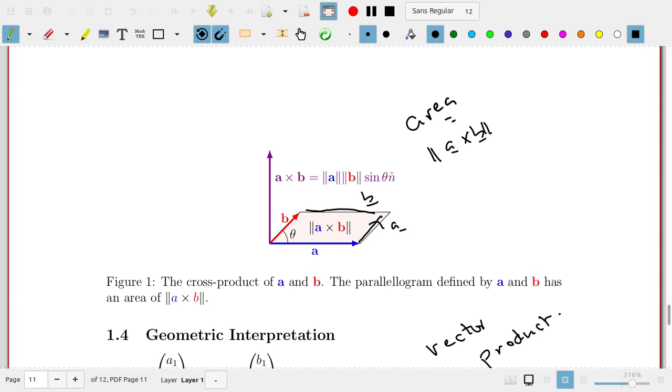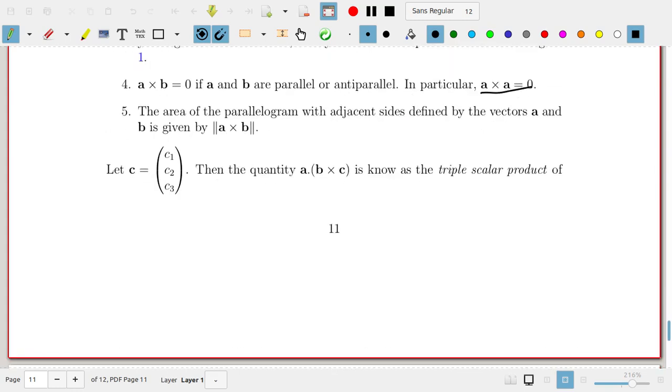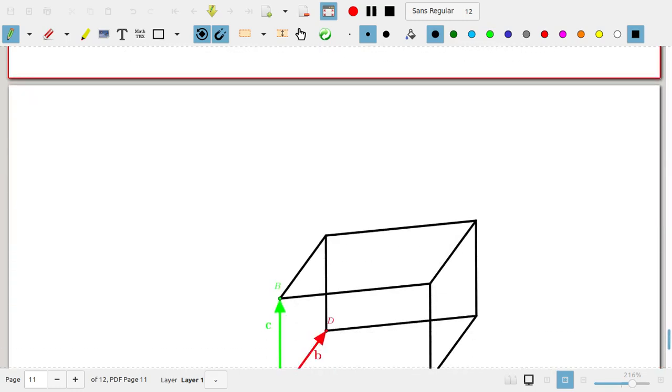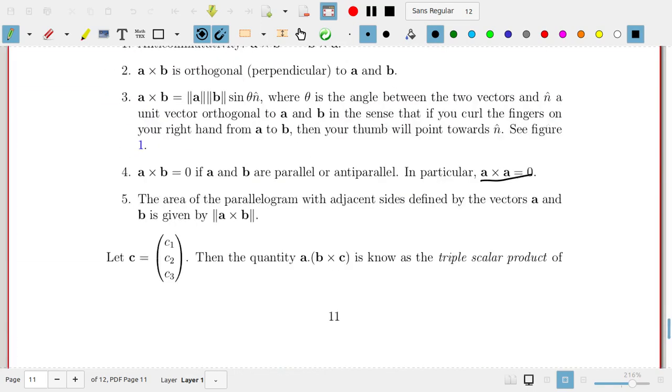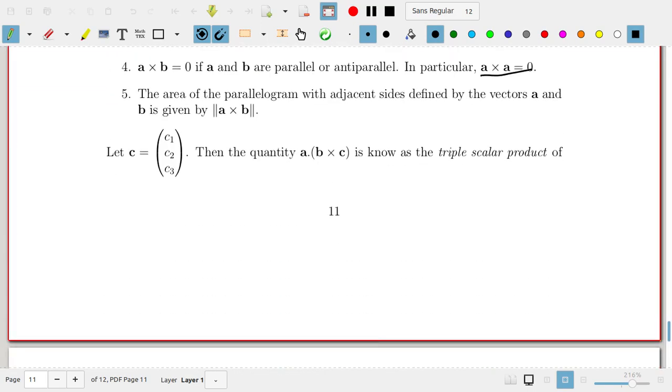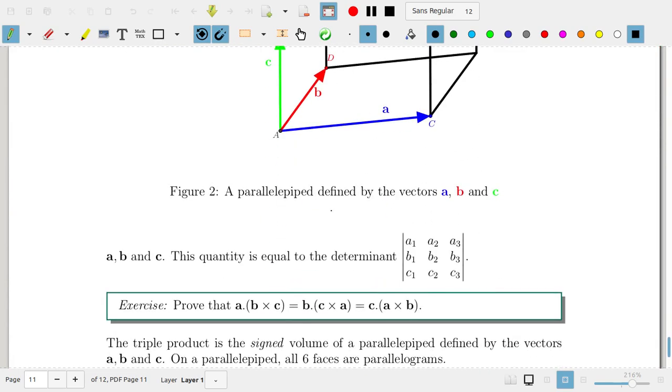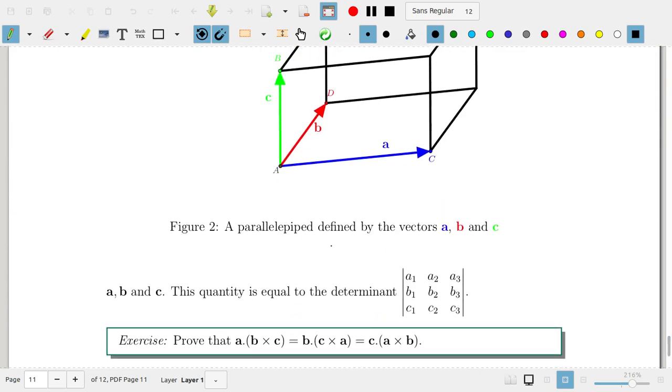Right, so that's that. And of course, let's introduce a third vector C. Right, so A dot V cross C is known as the triple scalar product of A, V, and C. And you can show that this triple scalar product is equal to this determinant.